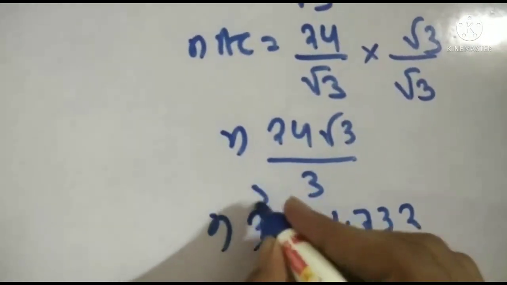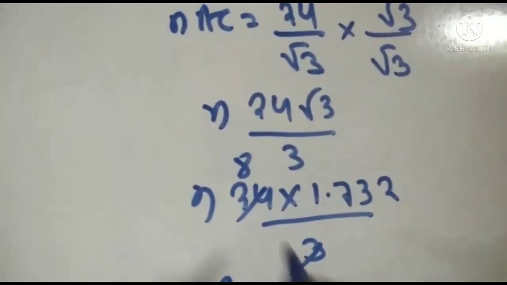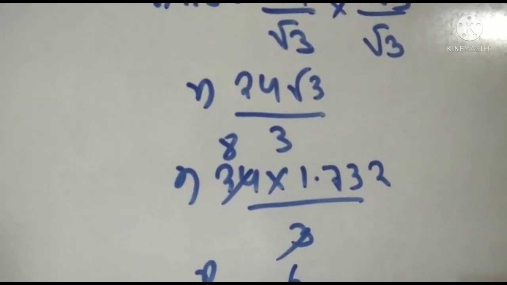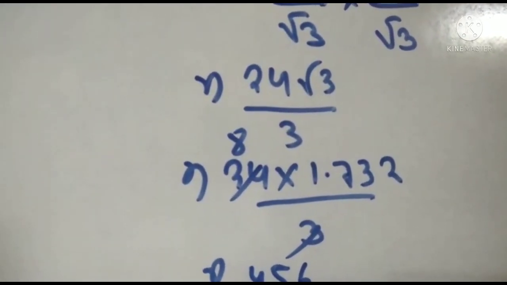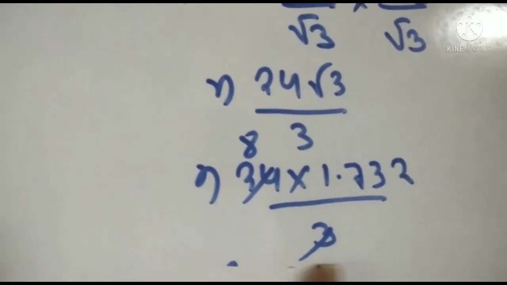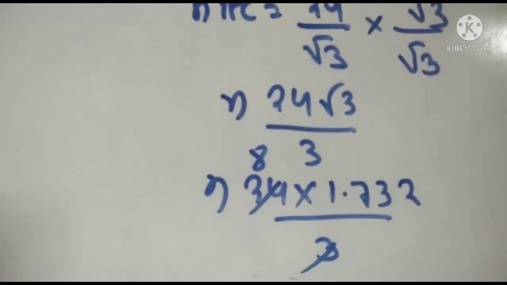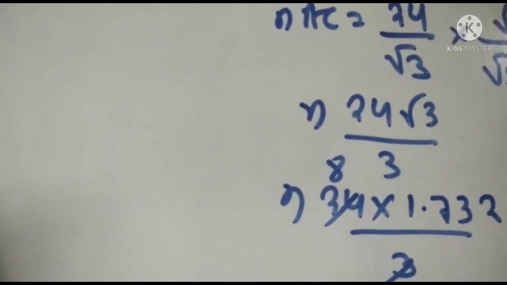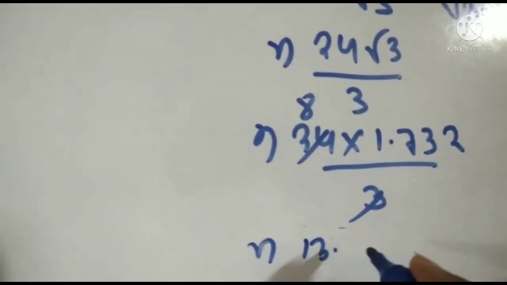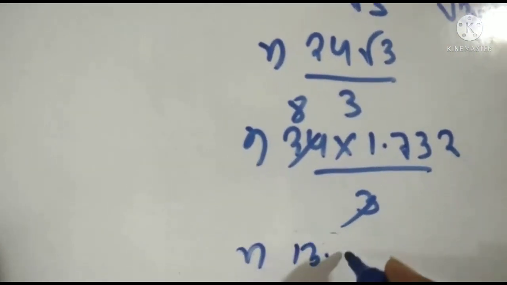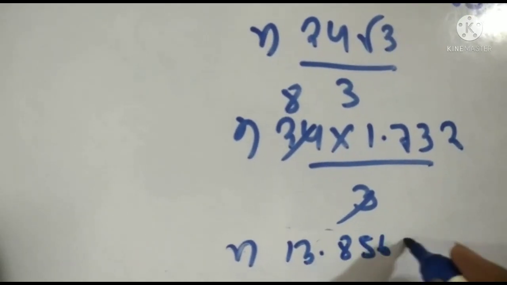So 3 8s are 24, and if you multiply you will get 13.856 meter. So this was the AC.